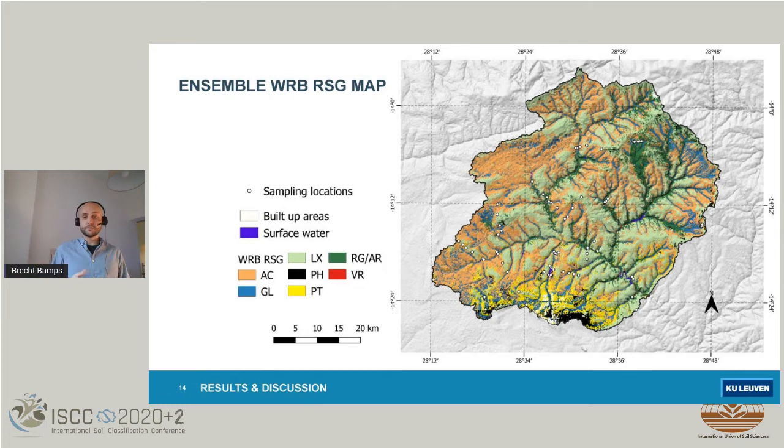But of course, it's important here to note that we did our modeling on the reference soil group level, but when looking at it from the classification standpoint, often the difference between a petroplintic Acrisol and a real Plinthosol can be relatively small, whilst here they are modeled as the reference soil groups without the qualifiers.